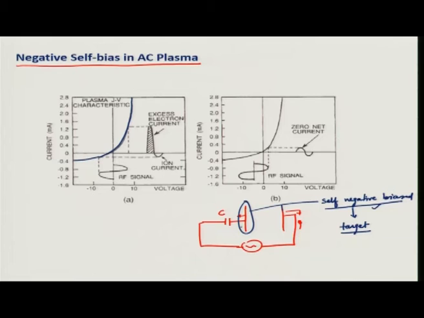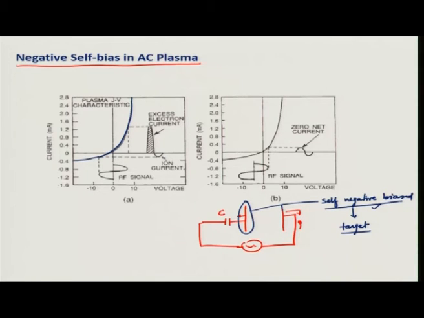Now, on this electrode, during the positive cycle, there will be a large number of electrons bombarding it. And in the negative cycle there will be fewer ions, because ions cannot move that fast. Electrons can move very fast because of their lighter mass, but ions are heavier.